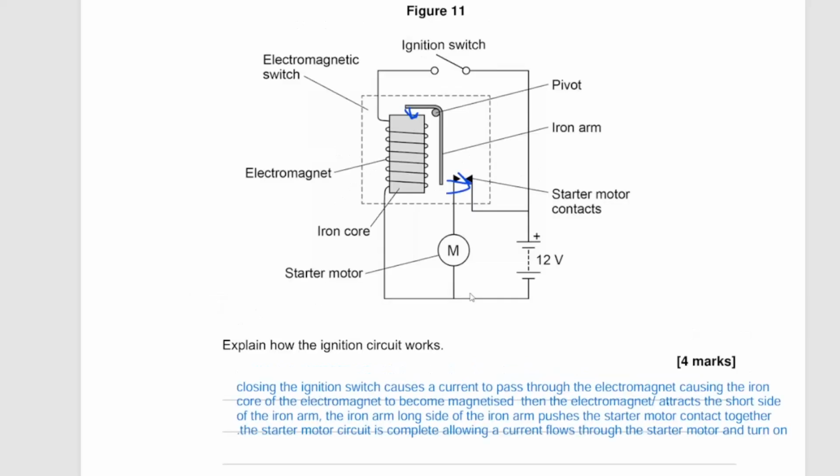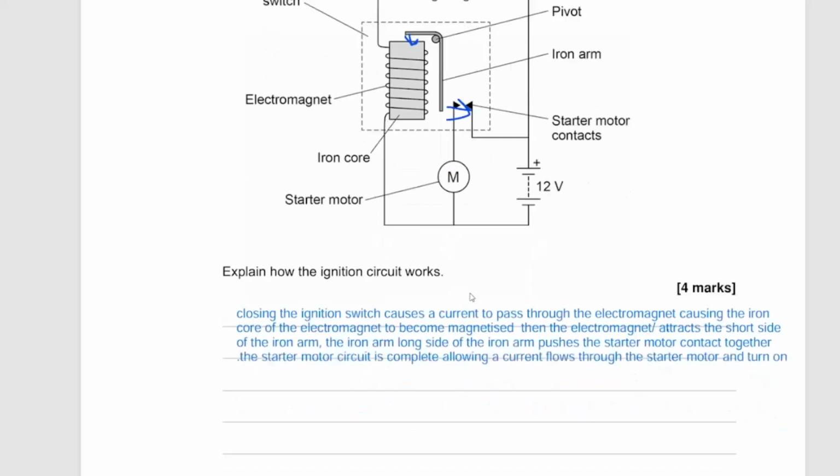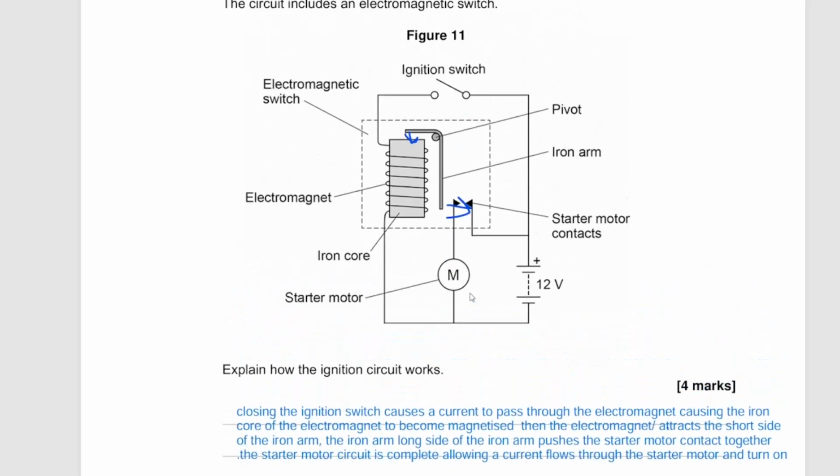Now for 4.2, we're asked to explain this little ignition switch, and I've done a couple of drawings that I'll explain as I go through it. Closing the ignition switch causes a current to pass through the electromagnet, causing the iron core of the electromagnet to become magnetized. Then the electromagnet attracts the short side of the iron arm, as shown here with the little iron arm arrow going down.